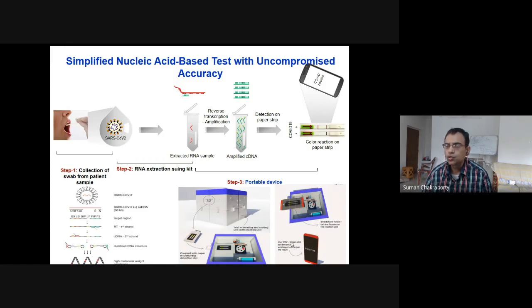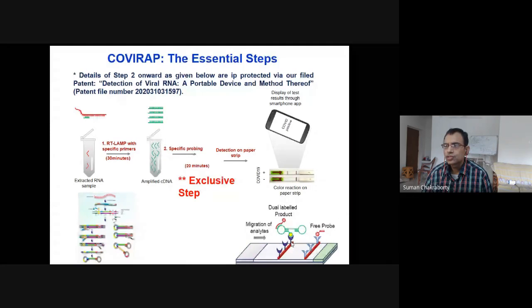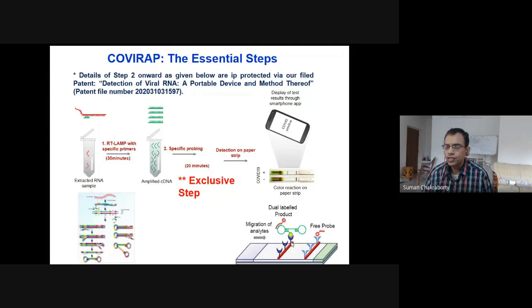What our research group intended to do is two things. One is, whatever such tests are available for isothermal nucleic acid based detection of COVID-19, typically the RT-LAMP based procedures, we wanted to improve upon that so that the detection is more specific.